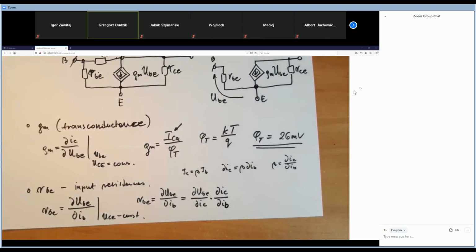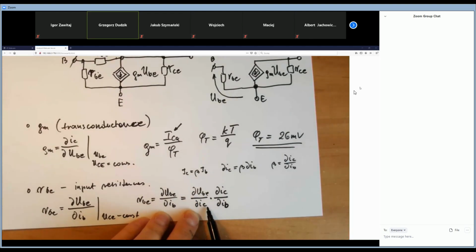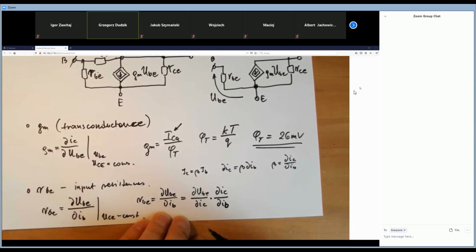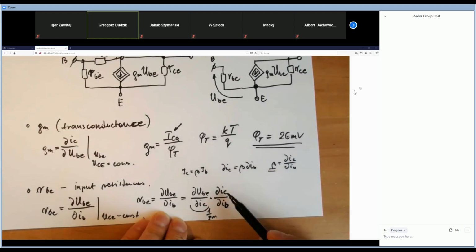UBE over IC is the reciprocal of the GM, so this is 1 over GM. IC over IB, as you see, is the beta.